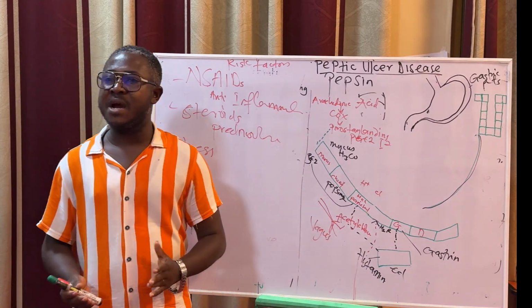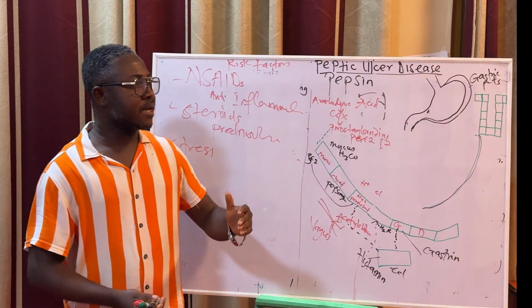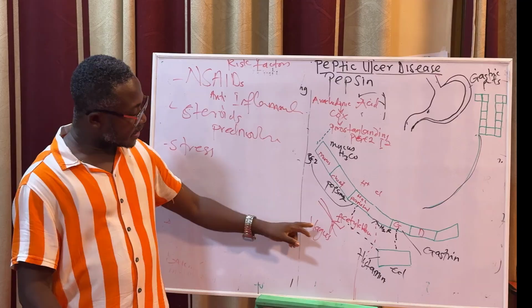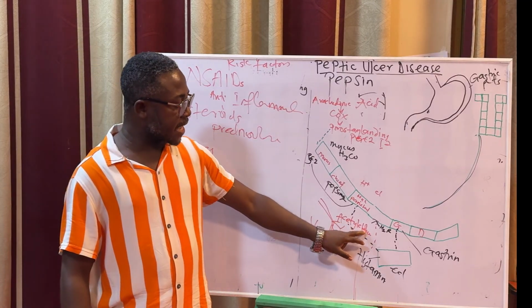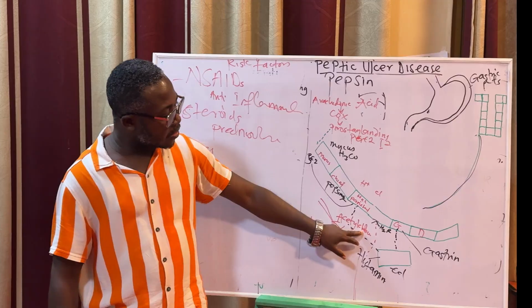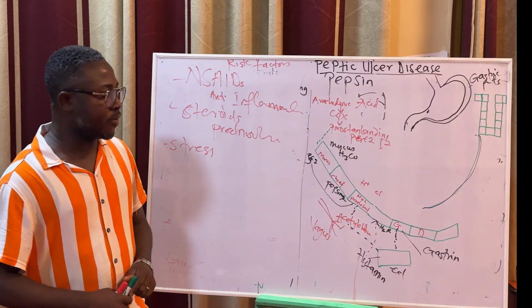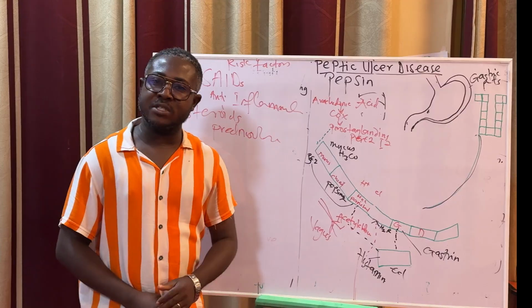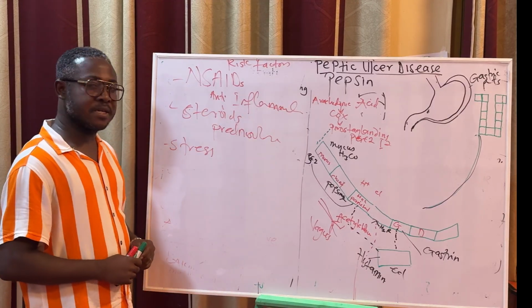So maybe someone is hungry in anticipation for food. Maybe the person is craving for food. The vagus nerves are going to be stimulated, and they will release the acetylcholine, and the acetylcholine will now bind to the parietal cell to produce hydrochloric acid, which will now go and cause erosion of the mucosal lining, leading to peptic ulcer disease.